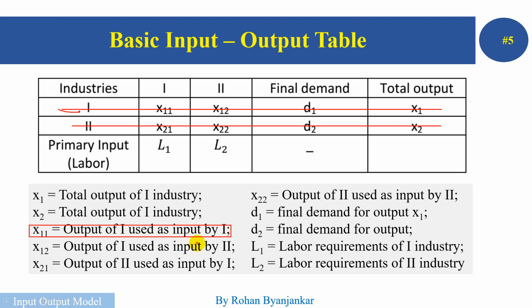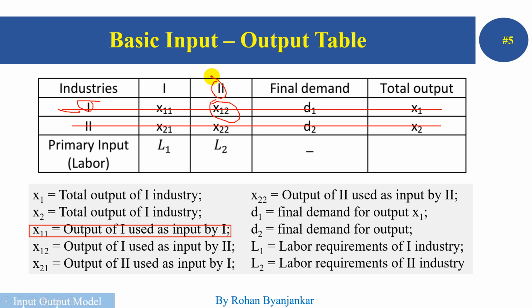X11 equals the output of industry 1 used as input by industry 1, and X12 equals the output of industry 1 used as input by industry 2. This means that X12 is actually the output produced by industry 1 but used as the input by industry 2.